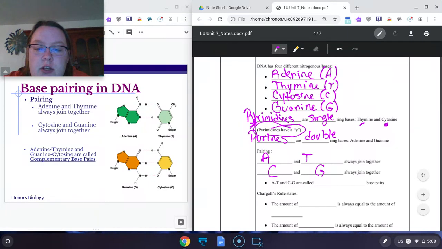And these are called complementary base pairs. The way that I remember this is that C and G are both curved, so they go together. That's how I remember that one.